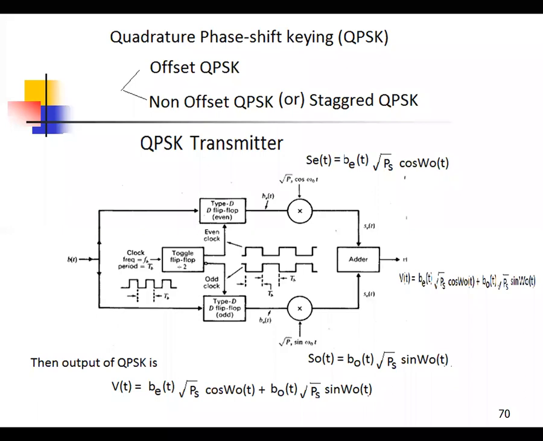In the previous class, there was the QPSK transmitter. All these concepts are from the textbook Principles of Communication Systems by Taub and Schilling, the sixth chapter, digital modulation techniques.